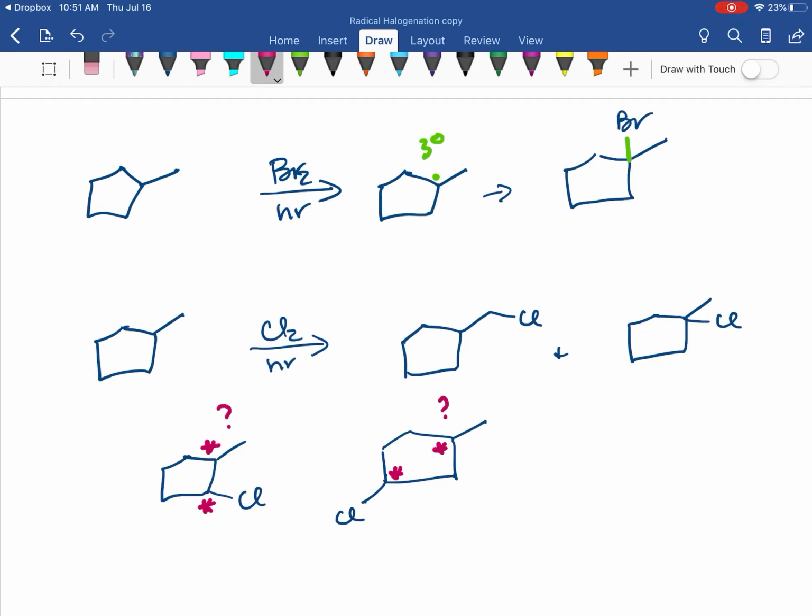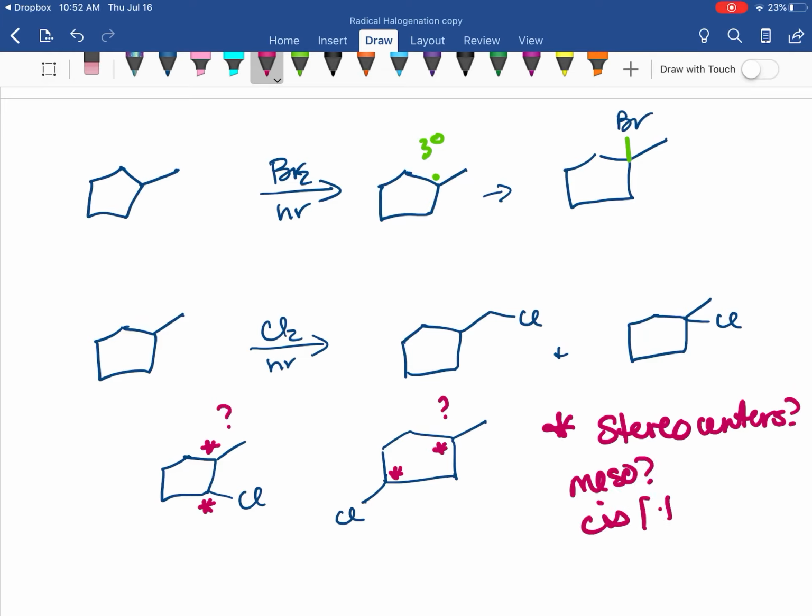Well, which ones are stereo centers? Which ones aren't? Do you have any symmetry? Do you have meso? Do you have cis or trans? All of those questions are valid here. Okay, so let's kind of leave that as a cliffhanger. Do we have meso? Do we have cis or trans? Oh my gosh, how fun.